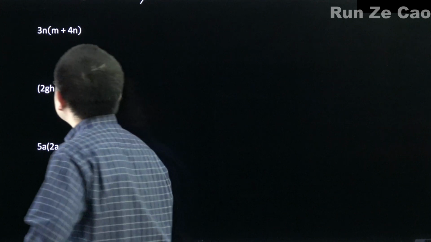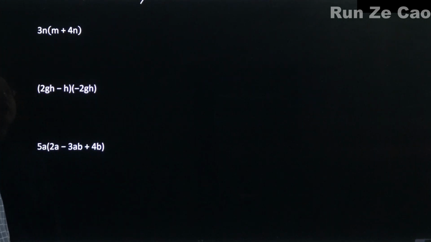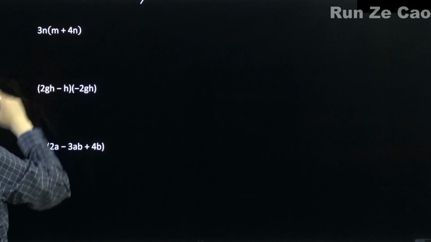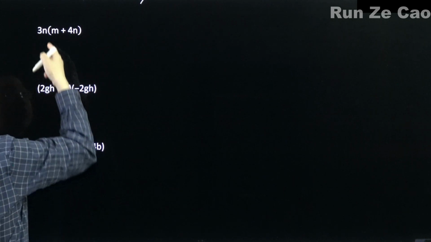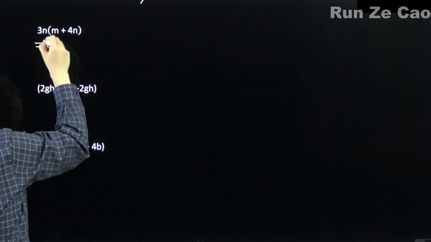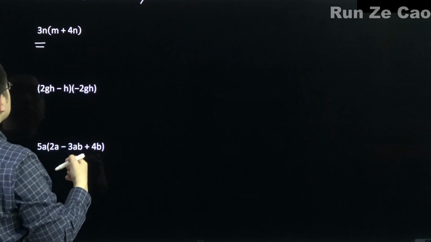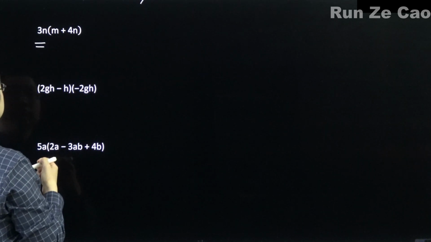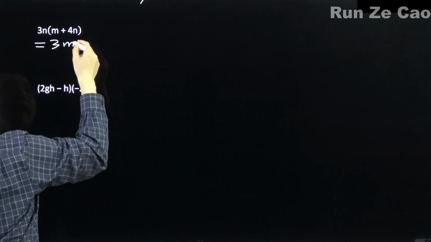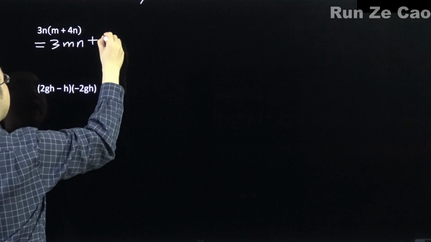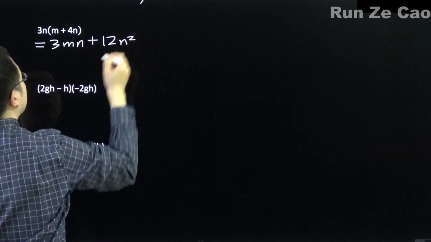Now the next problem is 3n times m plus 4n. Remember, within each term, it should be alphabetical order of variables, so m would come before n. But 3n times m, well, the coefficient's still 3. So 3mn. And then plus 12n squared.